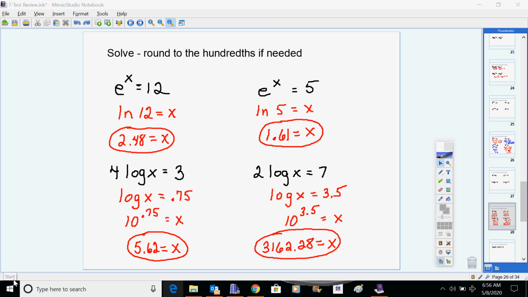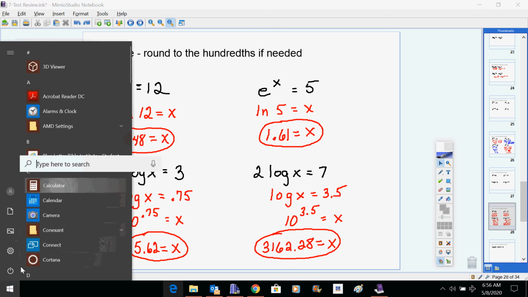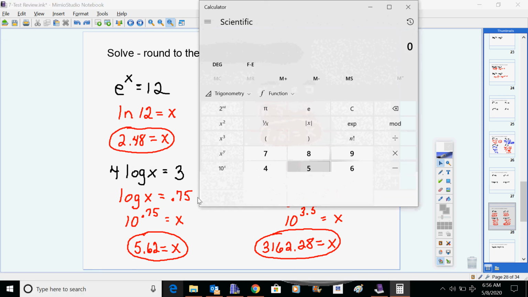Don't forget, you do have on your phone or whatever, you've got calculators. Most of these things are in here. 10 to the x power is even there, and you can put that number in.